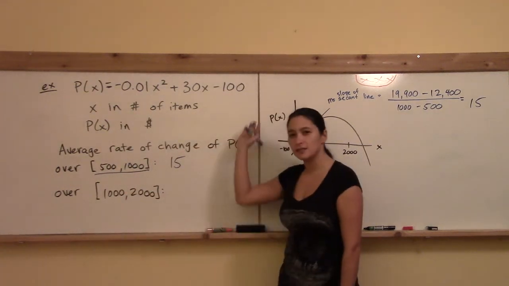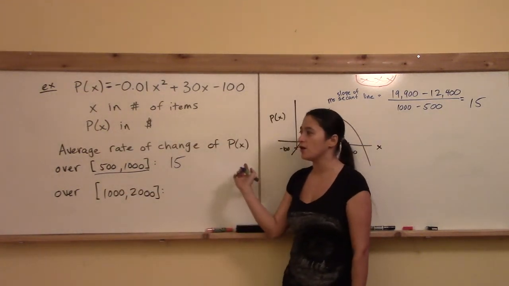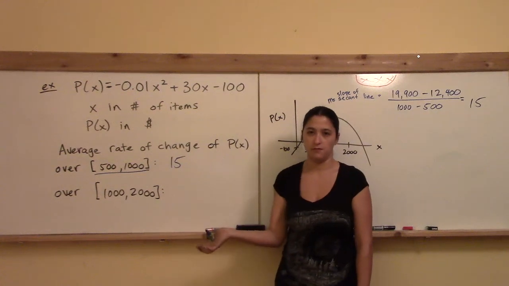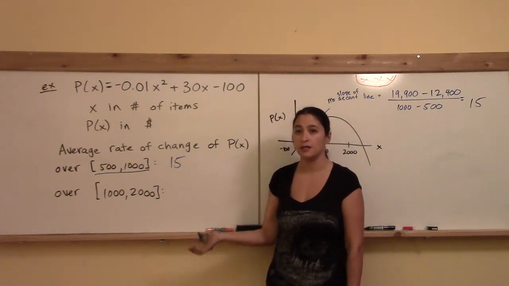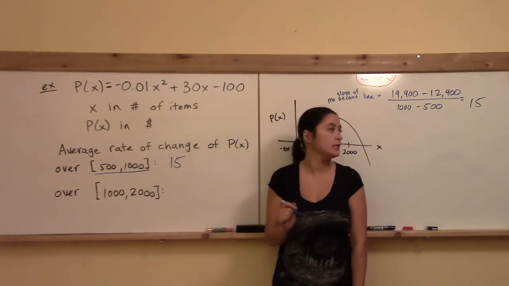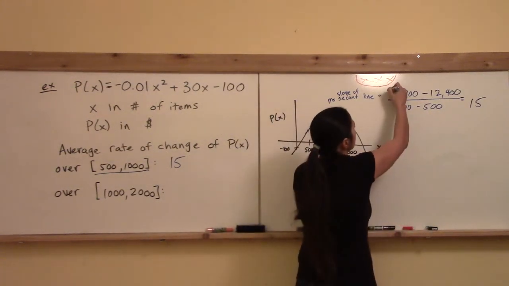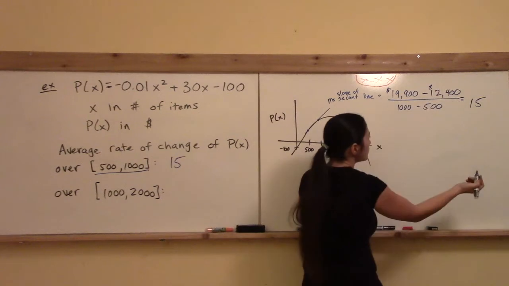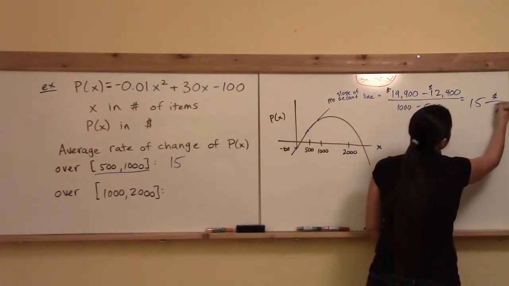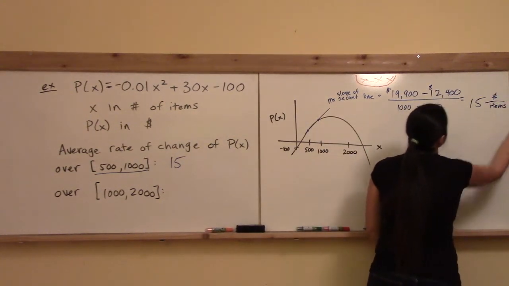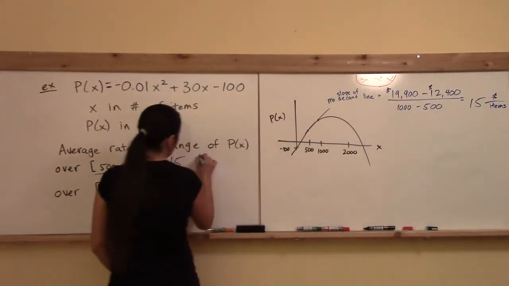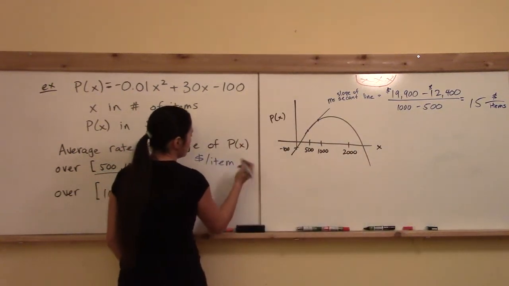But if I'm asking it to you in context, I would also want to know what are the units on the 15? 15 what? And that's going to help with the topic of this lecture, which is interpretation. Okay, so it's going to just be the y unit, which is dollars, divided by the x unit, which is item. Okay, so this is $15 per item.